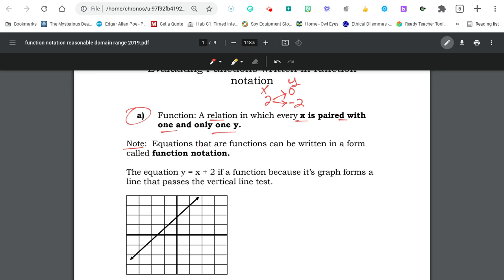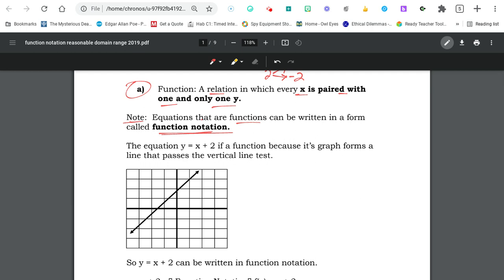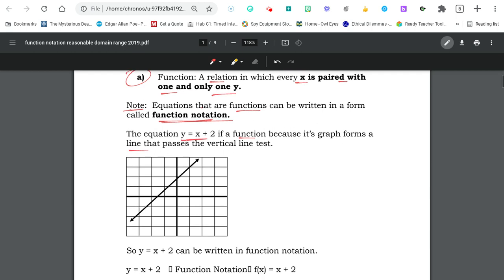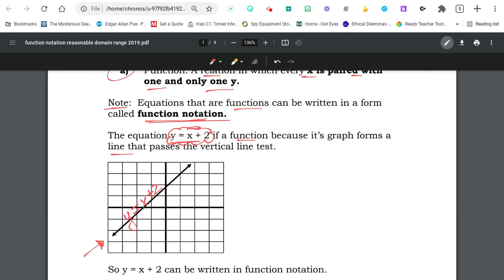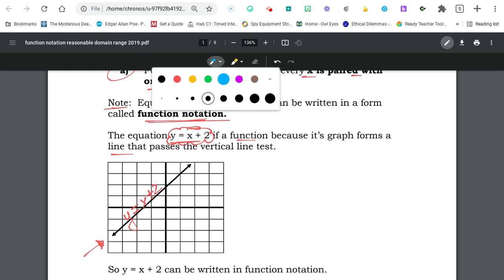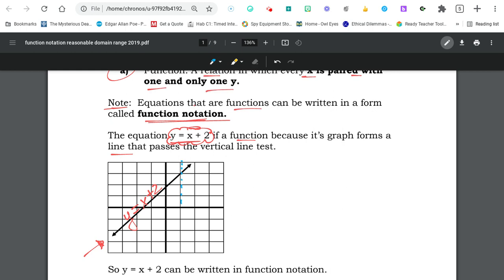It says equations of the functions can be written in a form called function notation. This equation is a function because its graph forms a line that passes the vertical line test. So this equation is represented by this line. If I drew vertical lines, then it would only touch that line in one spot, no matter where I drew it.